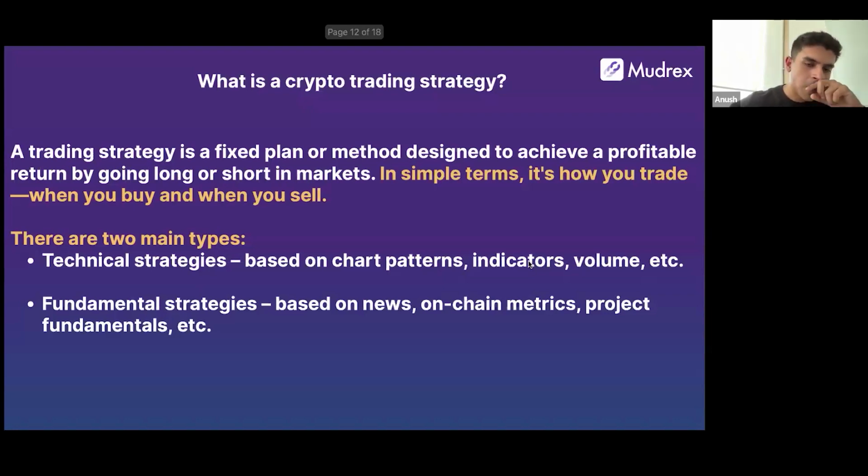Okay. Now, let's say Ethereum, right, announces a major upgrade or Solana announces a big partnership. That might be a buy signal for someone who's actually using a fundamental strategy, even if the chart hasn't moved yet, right? Now, most traders, and I would say this as well, should use a combination of both of these.